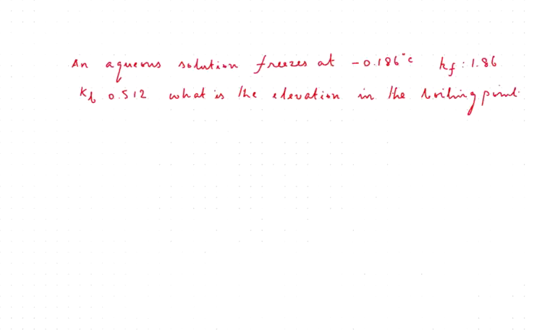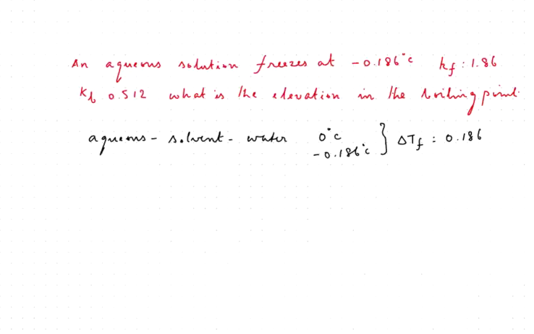See, first of all, it is an aqueous solution. Aqueous solution means the solvent is water. So the water freezes at 0 degree centigrade, and after the addition of the solute, it has frozen at minus 0.186 degree centigrade. So the depression in the freezing point delta TF is equal to 0.186. So we have to find out the molality.